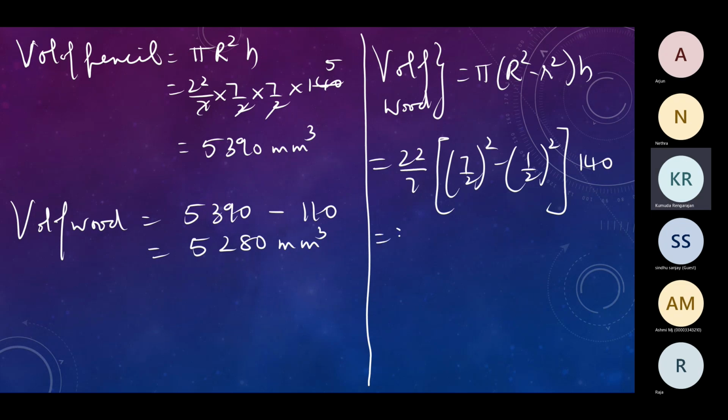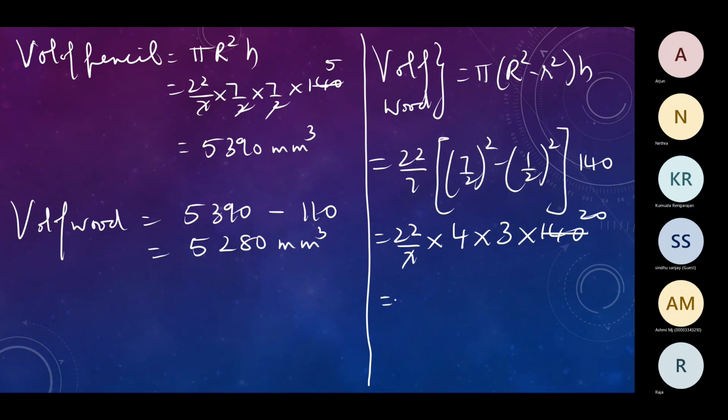So 22 by 7 into a square minus b square, which is a plus b: 7 by 2 plus 1 by 2, 8 by 2, which is 4, into a minus b: 7 by 2 minus 1 by 2, 6 by 2, which is 3, into 140. So 7 ones are 7, 20 times. This also should give you the same answer. I'll check. So 22 into 12 into 20. Yeah, 5280.